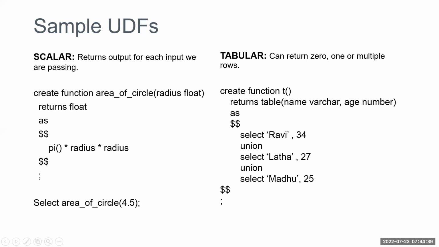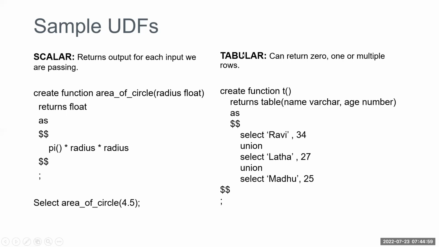Suppose you are calculating the area of a circle of radius float: you give the radius and you return the area. That means for each input you pass, there will be an output for that function. These types of functions we call scalar UDFs.